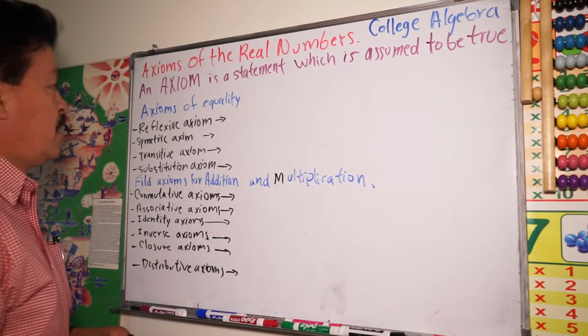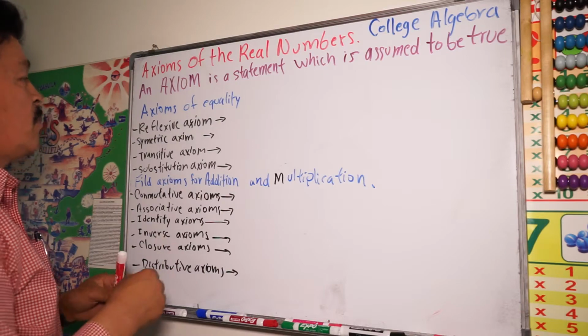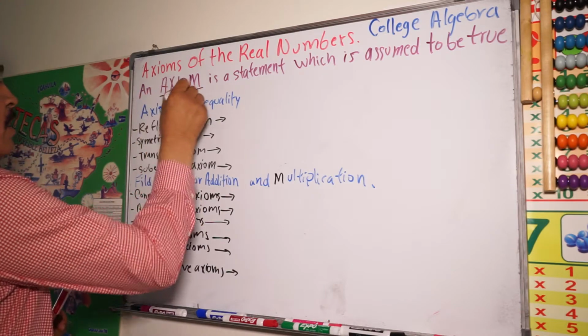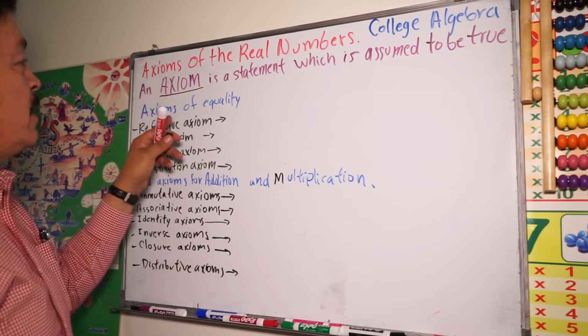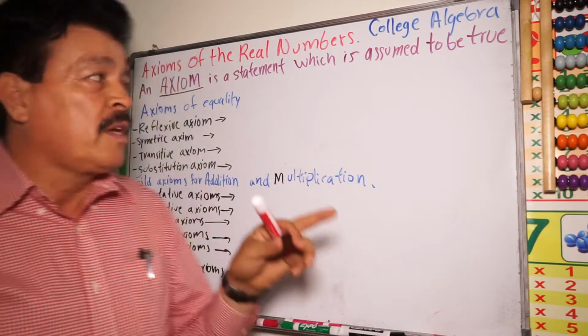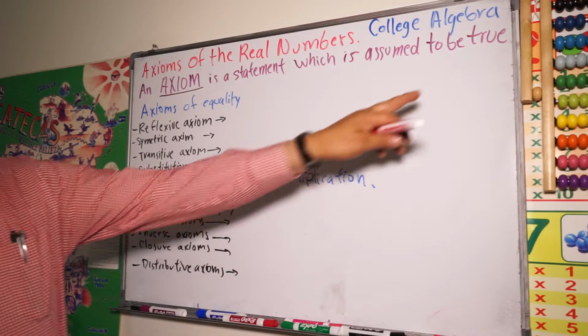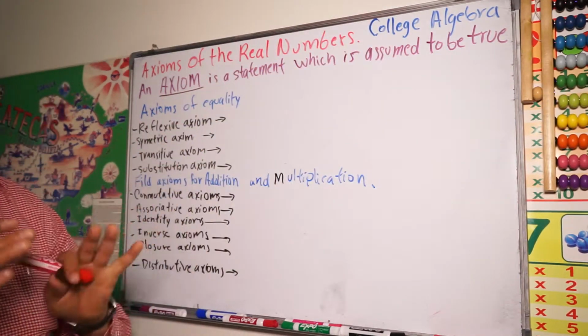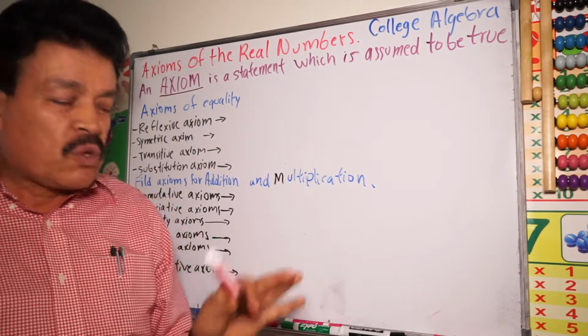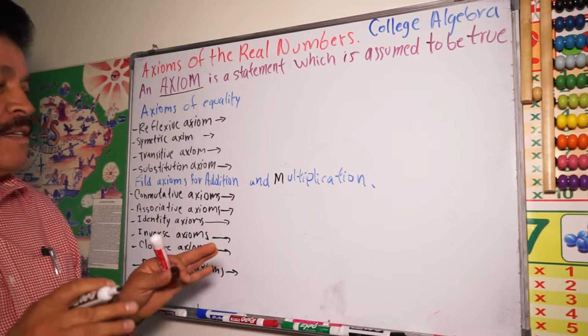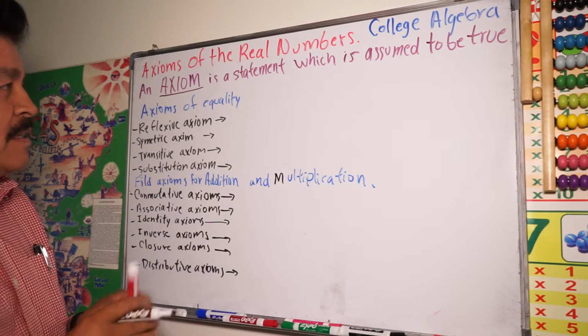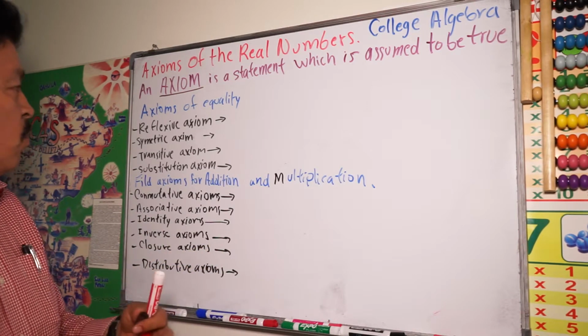One of the things that we have to know before we start our class is what an axiom is. An axiom is a statement which is assumed to be true. It's not discussed. It's true. It's a rule, it's a law, right?